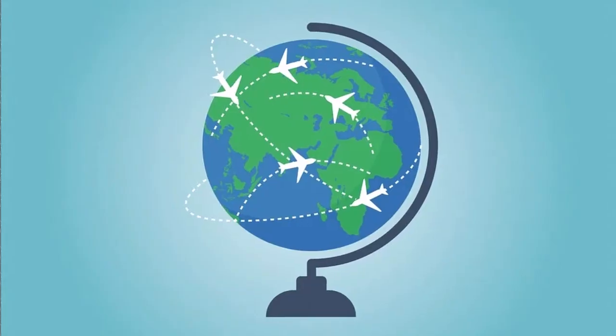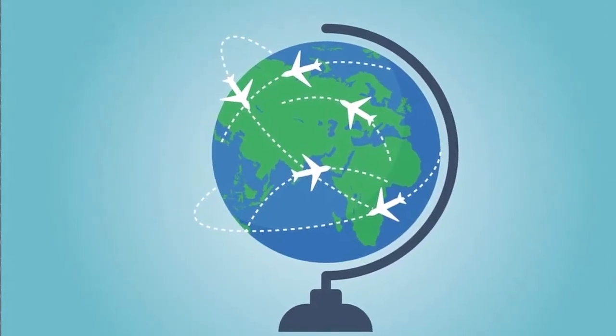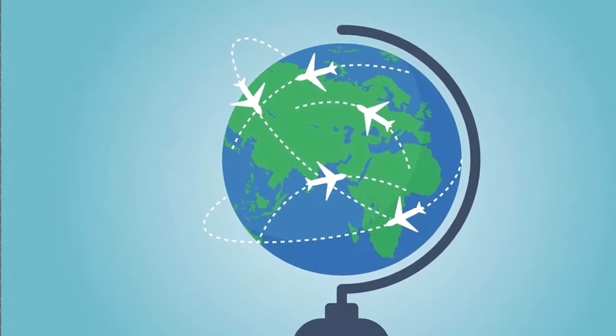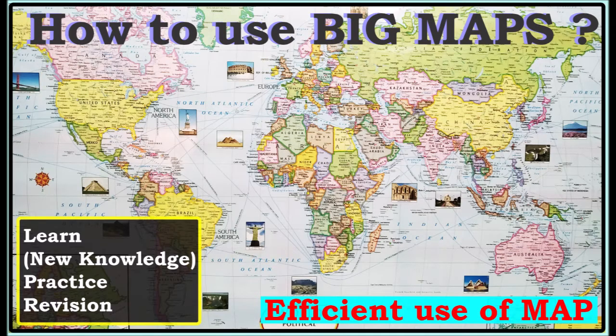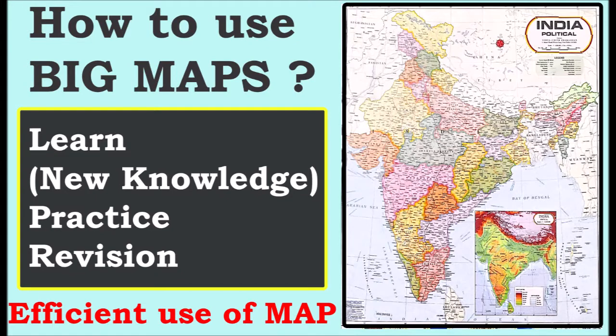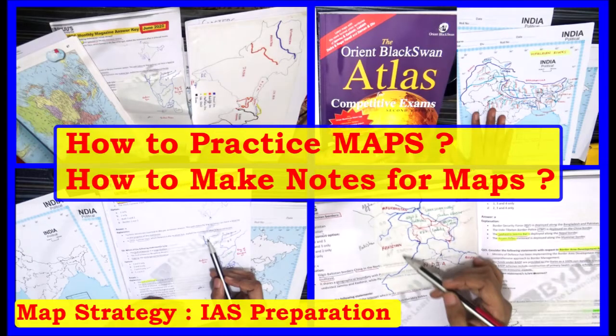And today's video is a little bit different because it is a combination of all the videos which I made for geography, and it is going to include how to use big map efficiently, and it includes world map as well as India map, as you guys have requested to post everything together. So that's why I'm making this particular video, and it is going to also include my own notes which I made for maps and how I used to practice map.